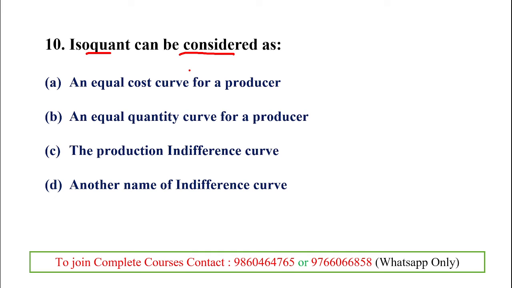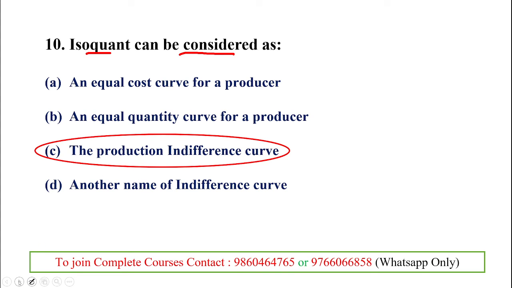And we know about the indifference curve, which shows equal quantity of two combinations of commodities to a consumer. Here the isoquant is producer based, so it can also be called the production indifference curve.